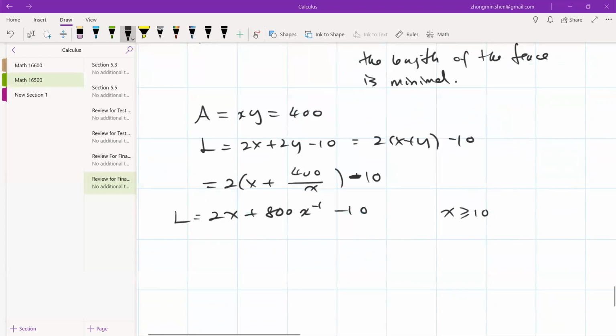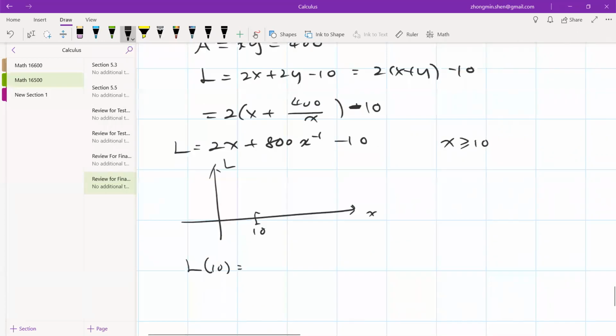So the value when x equals 10 would be 2 times 10 plus 800 divided by 10 minus 10.